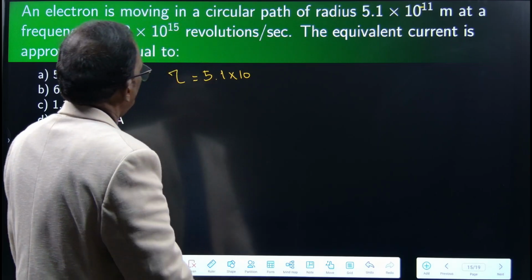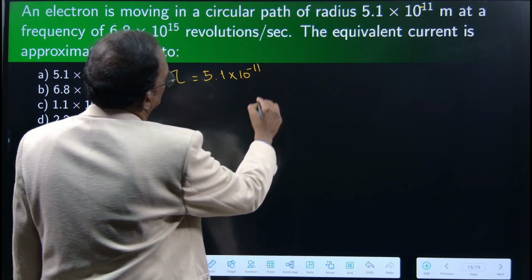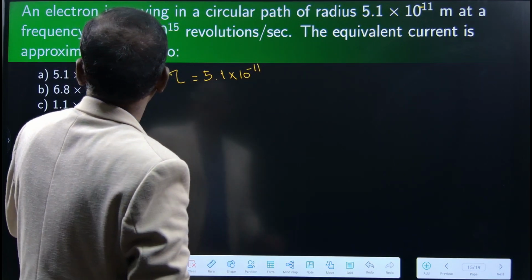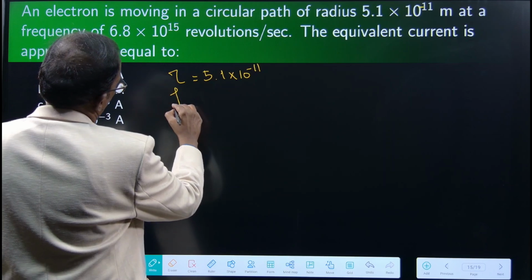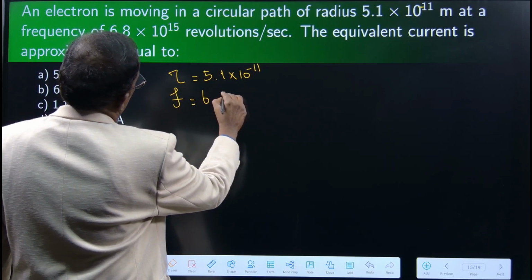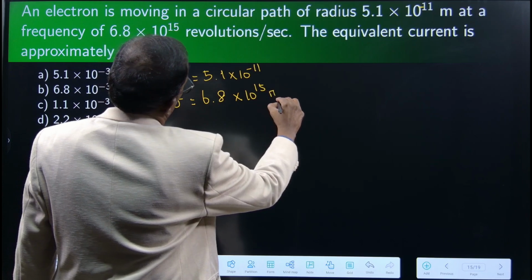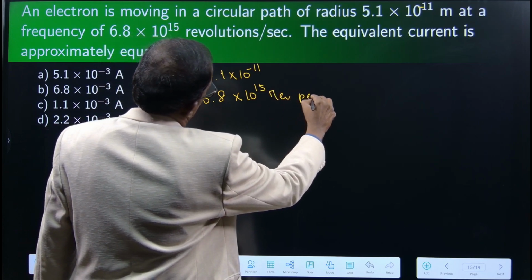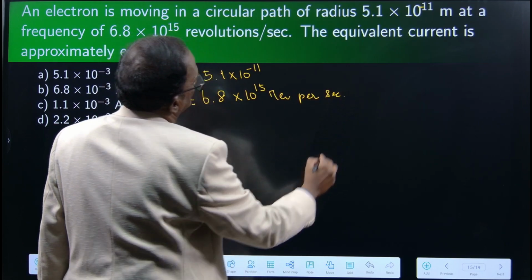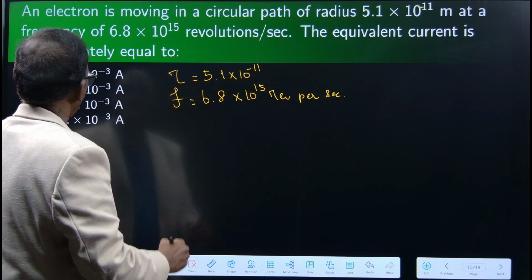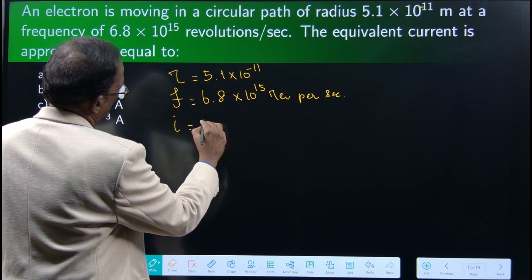So 5.1 × 10^-11 meter at a frequency of 6.8 × 10^15 revolutions per second. The equivalent current is approximately equal to, I is equal to what?